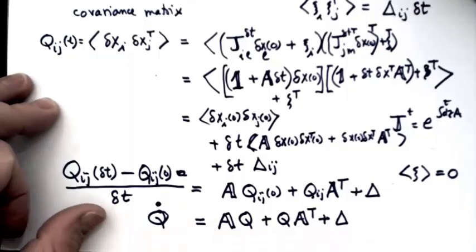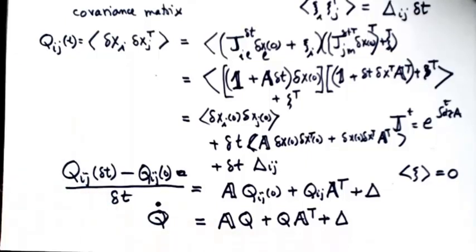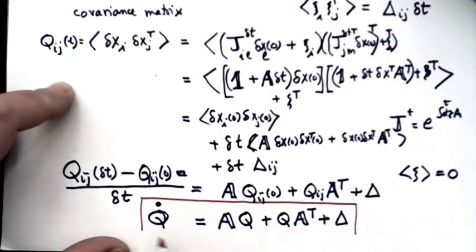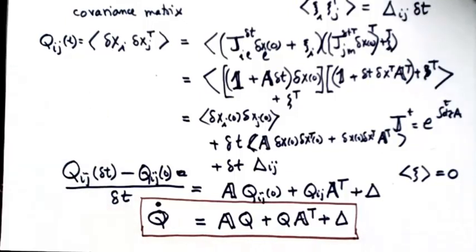Now this equation has a very good pedigree. It was introduced by Lyapunov in 1892 in his PhD thesis in a study of stability of celestial mechanics. And it's lived a long and productive life in control theory. So it's a central equation of control theory. It's called the Lyapunov equation and has nothing to do with Lyapunov exponents.